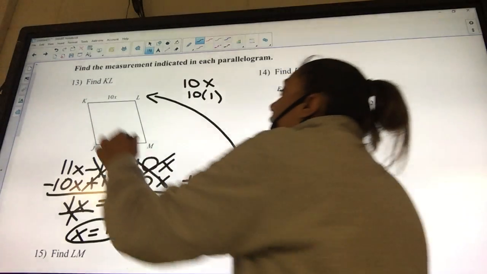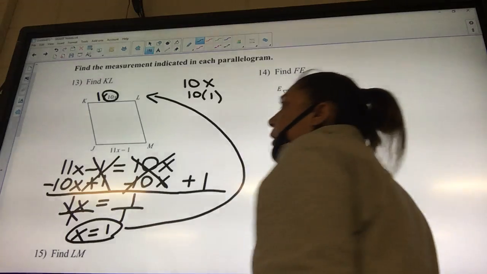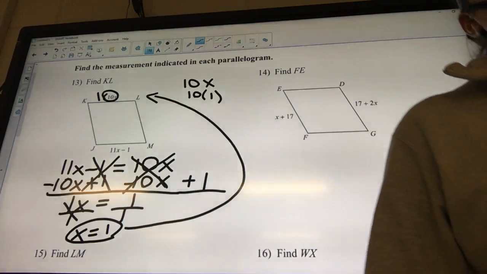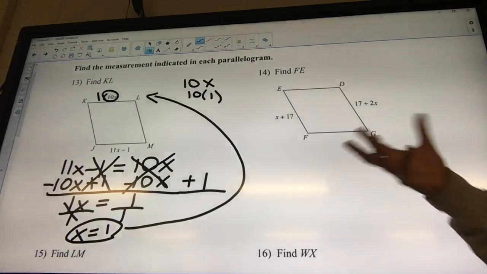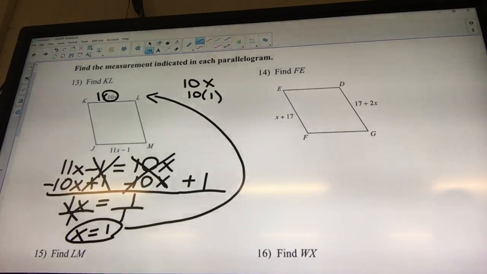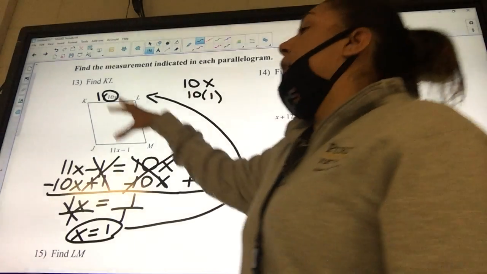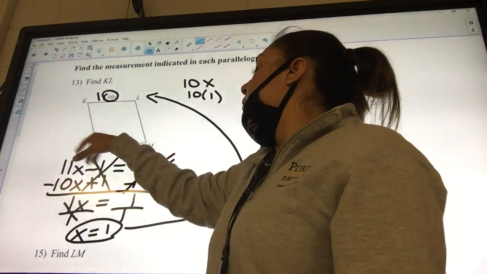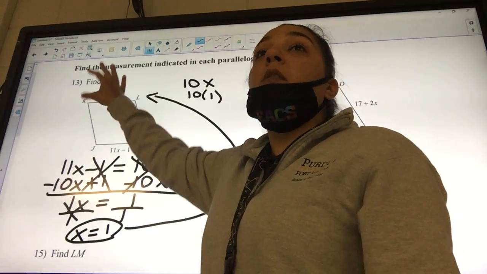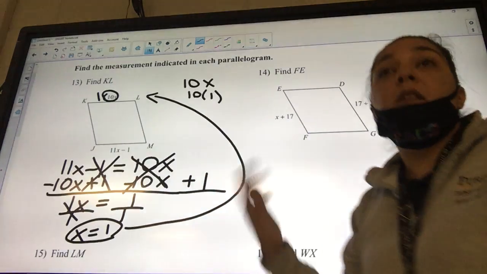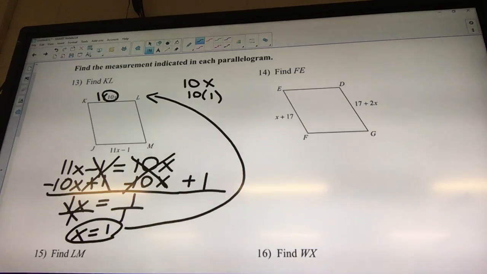Using your properties, if that side is 10, what is the other side got to be? 10. So it's really irrelevant. You don't need to find the other side, but if you think maybe you found the wrong side, or maybe you had to find JM, JM is a lot harder to plug into. You could find this one and then just write 10 on the bottom one. It's the same thing, okay?